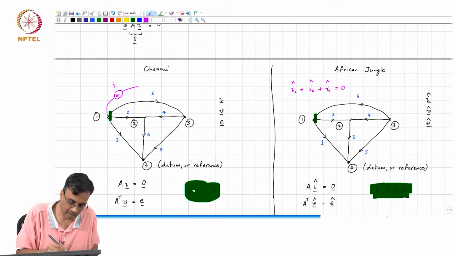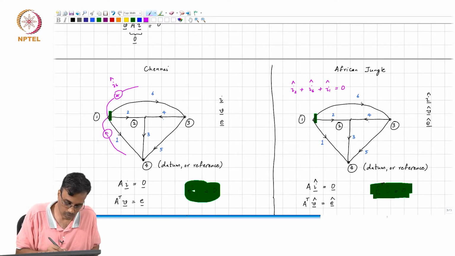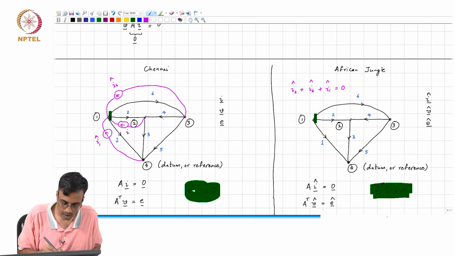So, what I am going to do is basically add a current here which is I6 hat, a current here which is I1 hat, and here a current which is I2 hat.